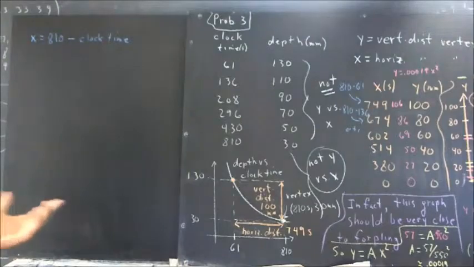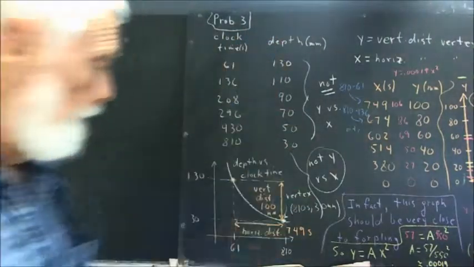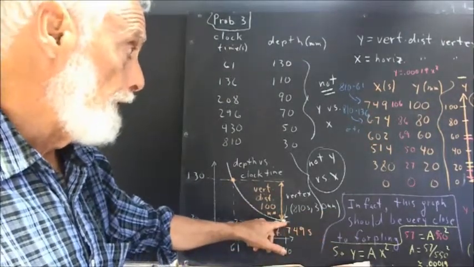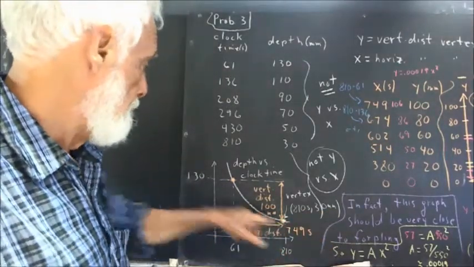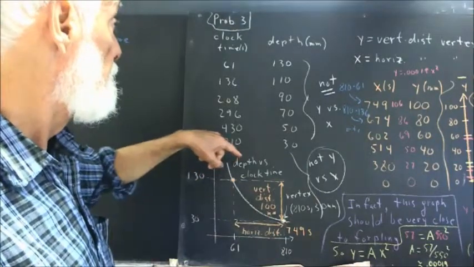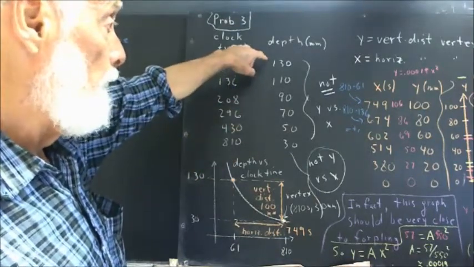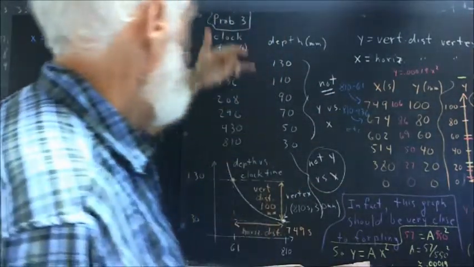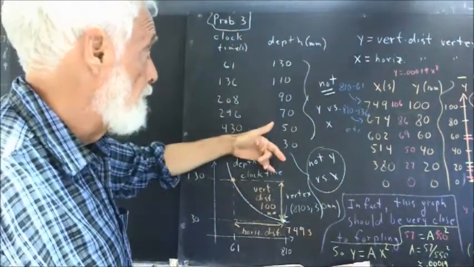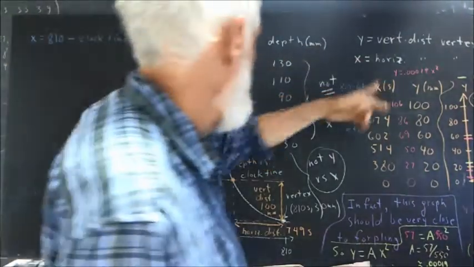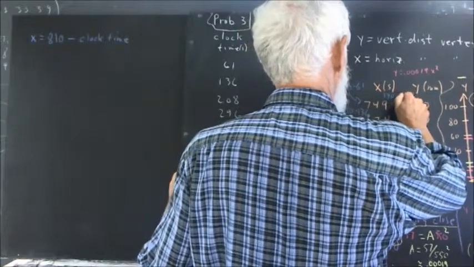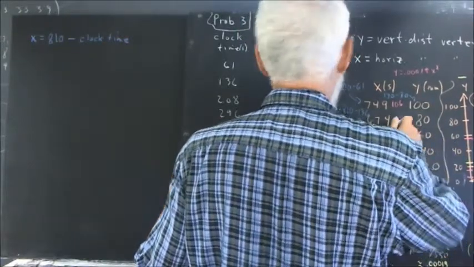Okay, what about our depths? How do we calculate our depths from these numbers? Well, we're calculating relative to the 30 millimeter depth at the vertex. So we're subtracting 30 millimeters from each of the depths. So 130 minus 100 gave us the 30, and 110 minus the 30 gave us the 80. 90 minus 30 gave us 60, etc. So here's 130 minus 30.